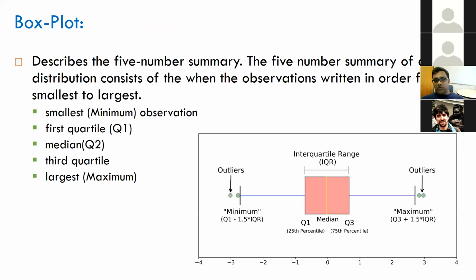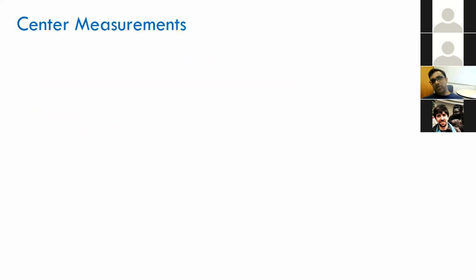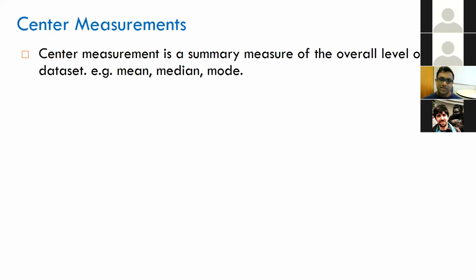Right. So once you have the box plot, another thing you can do is center measurements. Center measurements are basically the summary of your data. So basically to understand, okay, what's the summary of my measurements? There are a couple of center measurements: the mean, median, and mode. We don't use mode mostly, so we use mean and median.